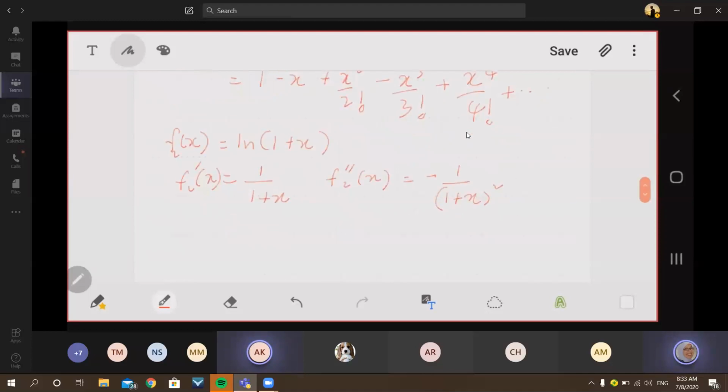And you differentiate again, you get f triple prime of x equals 2 over 1 plus x cubed.